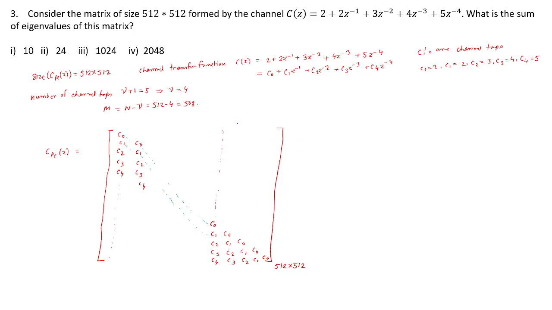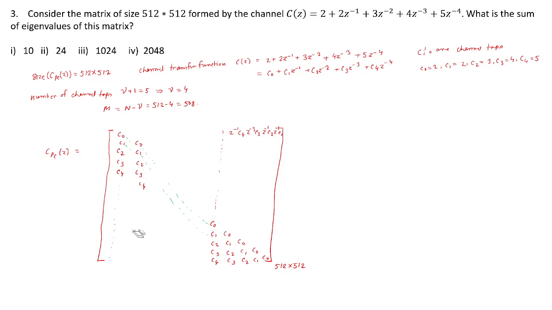Looking at what happens from here onwards, you will have C4 here, Z inverse C4, and you have Z inverse C3 here, Z inverse C2, Z inverse C1.